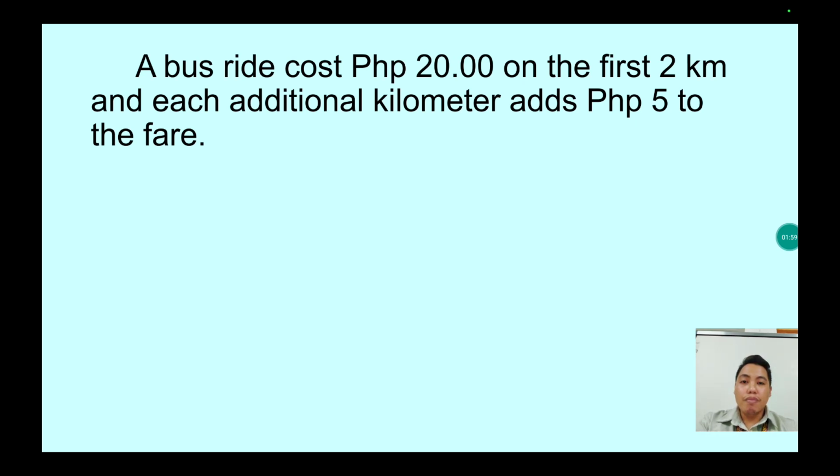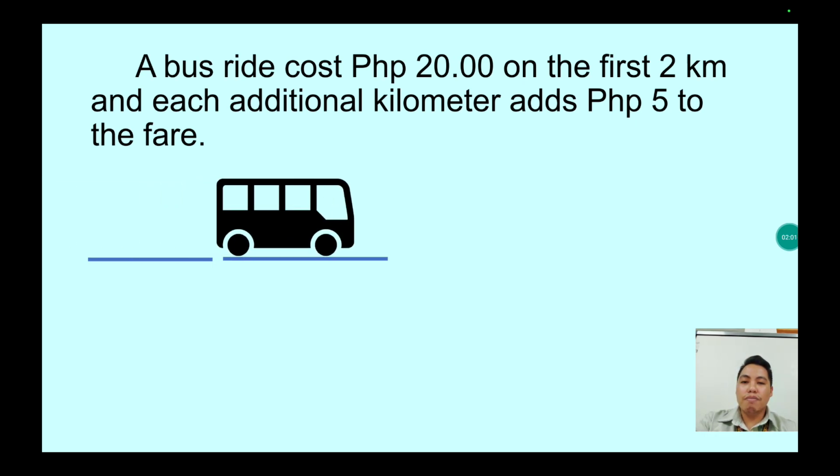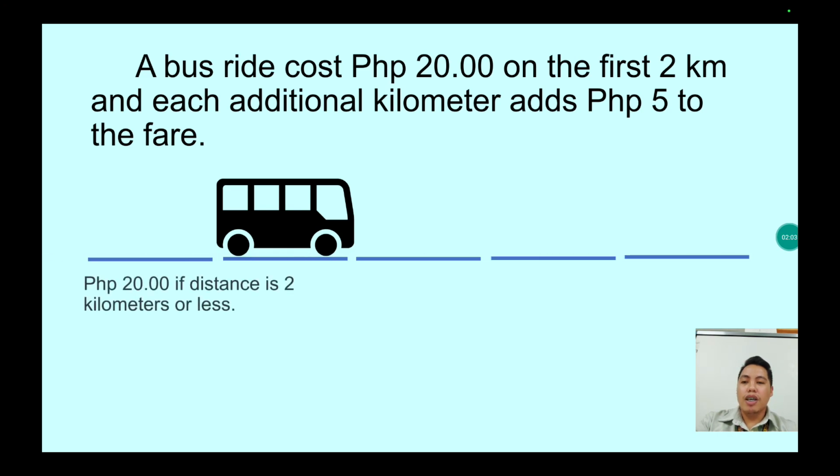So, if you observe the situation, if you traveled a distance of 2 kilometers or less, parang when you ride a jeep, hanggang dito ka lang sa gantong kalayo, you still pay the minimum fare of 20 pesos.